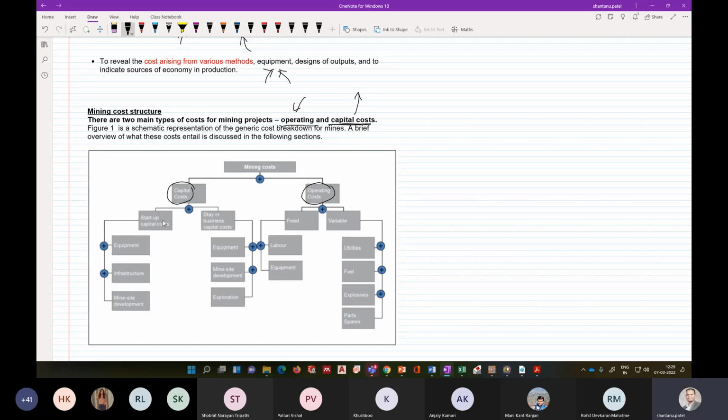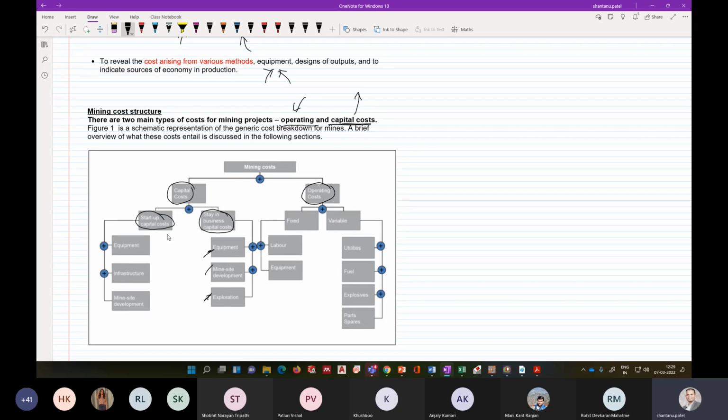Capital cost is first the startup capital cost, and then we have the stay in business cost. What does the stay in business cost include? Maybe mine site development, a new mine project, or maybe exploration to do. Those costs are our stay in business cost, or maybe some extra equipment that you need to buy.